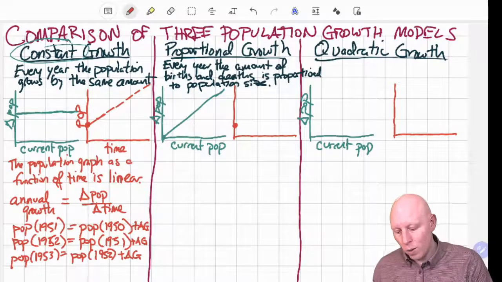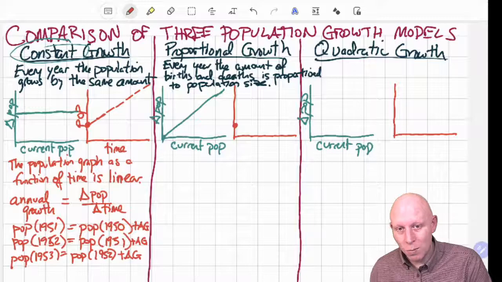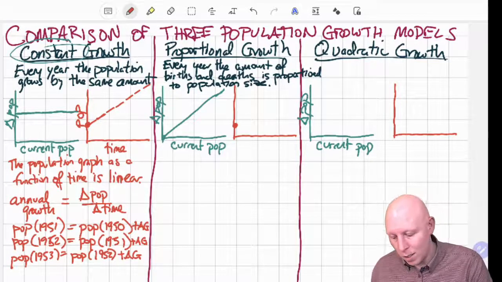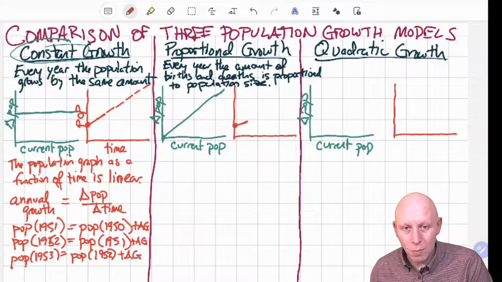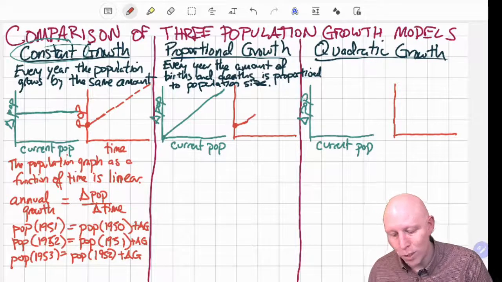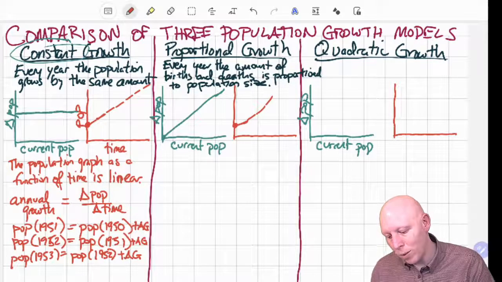Whatever the value is, it takes the value at time t and multiplies by a constant to get to time t plus 1. So we multiply by 1.01, multiply by 1.01 again, and again.